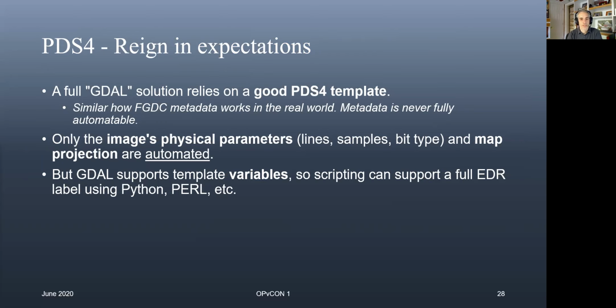So basically, you feed GDAL a good PDS4 template that has most of that information that GDAL doesn't know about, like author and references and things like that, and the LID VID. I guess GDAL does know the planet, but the style doesn't have all the mappings of how to get to that planet in PDS4. So that is something that the user still needs to do.